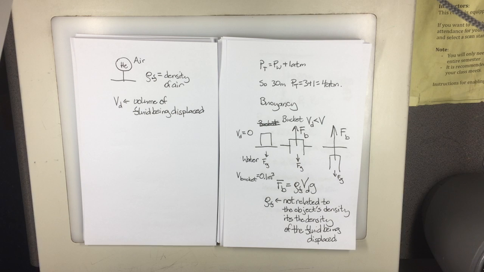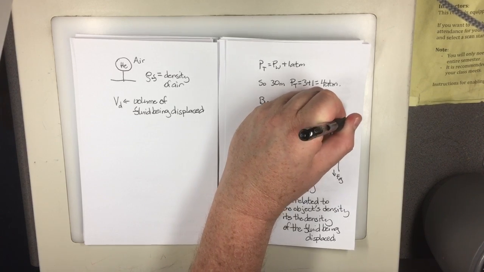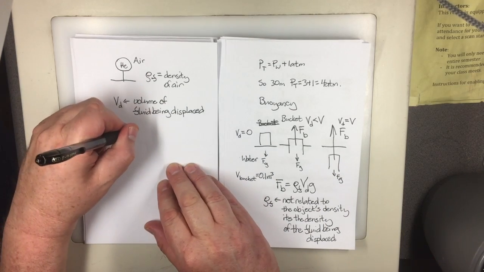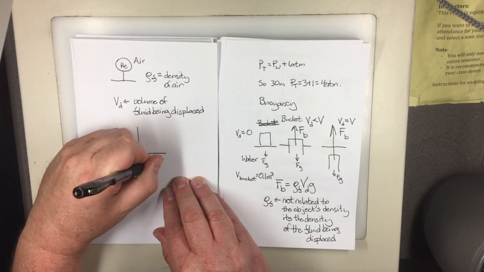But you do know that the volume of displacement can never be bigger than the total volume. Once that object is completely underneath the water, it has its maximum volume of displacement, so the buoyant force can never increase.